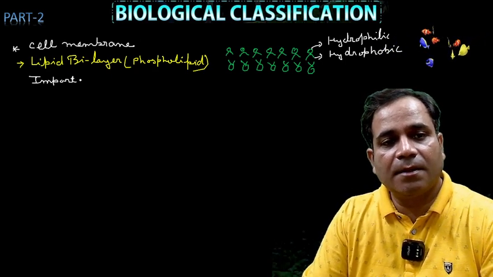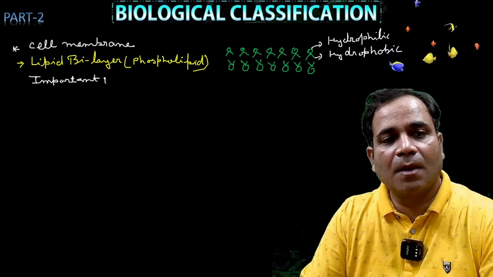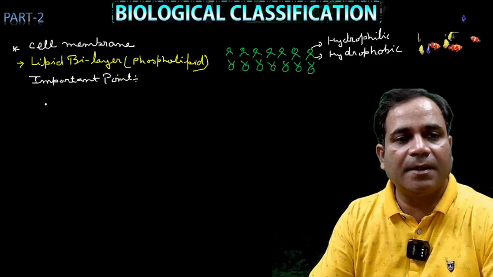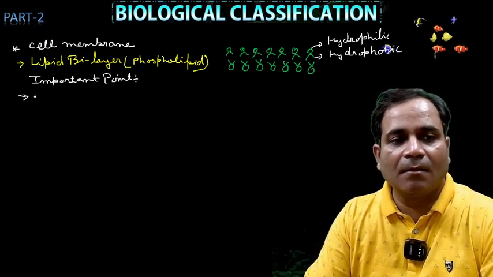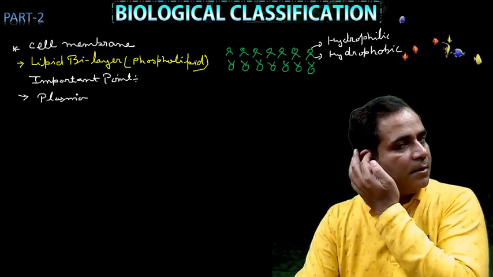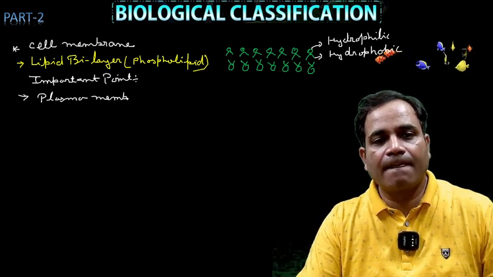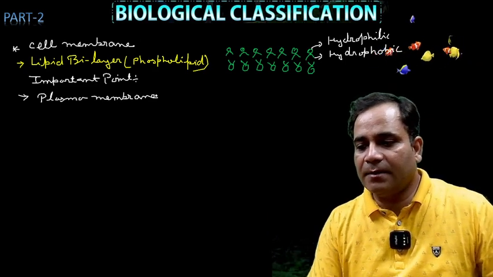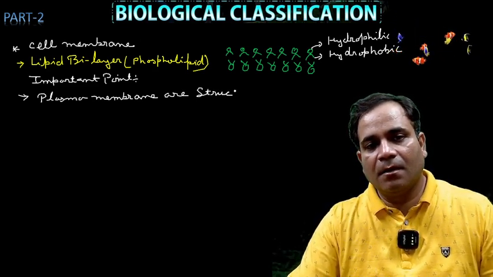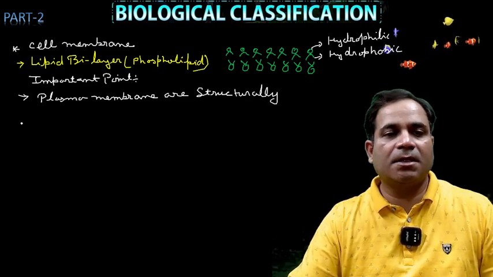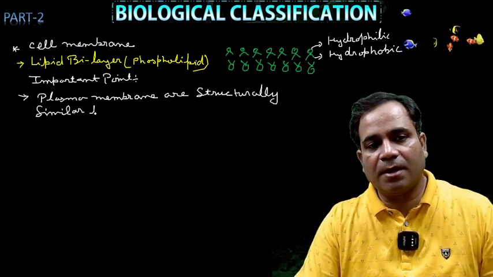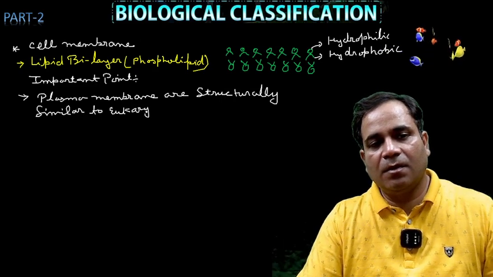The plasma membrane, which is also called the cell membrane, is structurally similar to the eukaryotic cell.